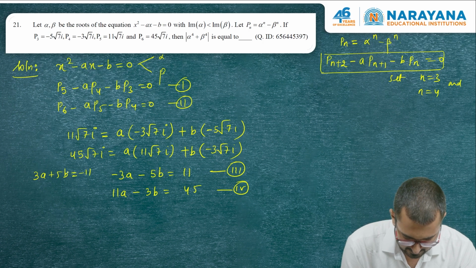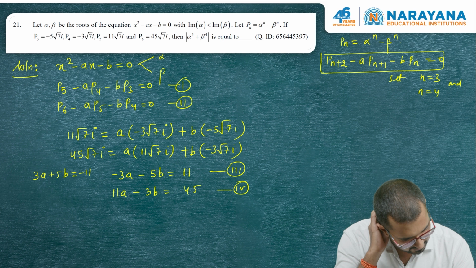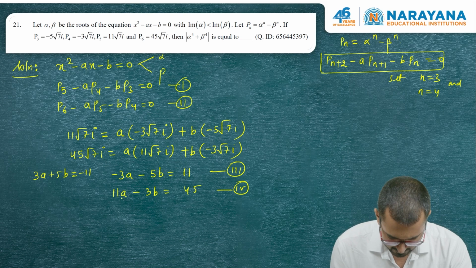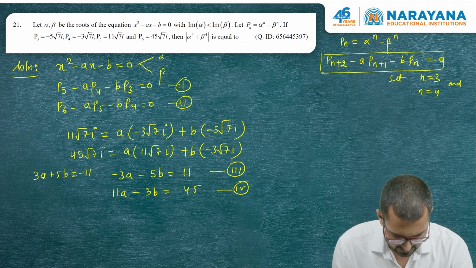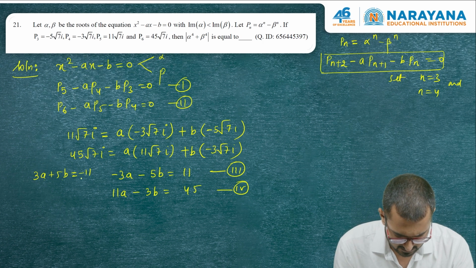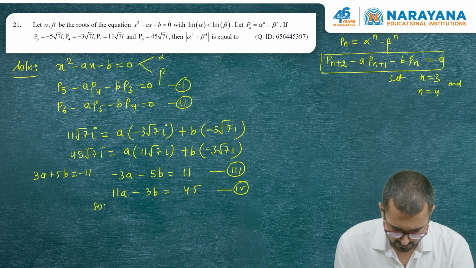This makes sense. Better. And then 11a minus 3b is 45. So 33, 9 minus 20 is minus 11, and then 33 plus 12. Yes, so that means solving 3 and 4.